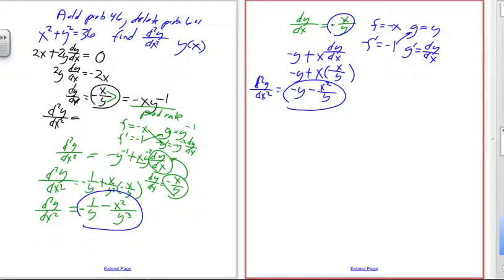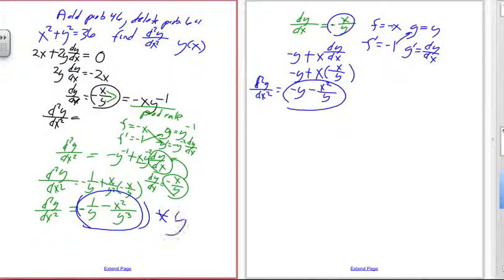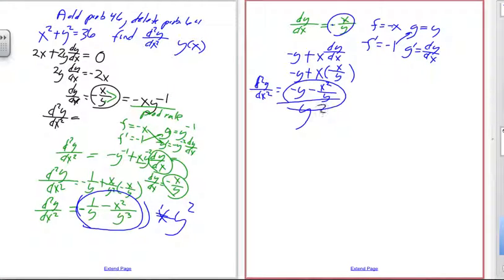If I multiply everything in here by y squared, it will get me this thing there. Excuse me, divide by. That's what I forgot to do. Because with quotient rule, we have to divide by y squared. Forgot about that. It's over g squared.